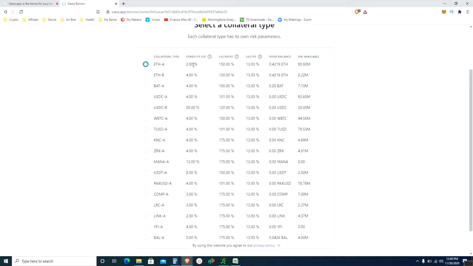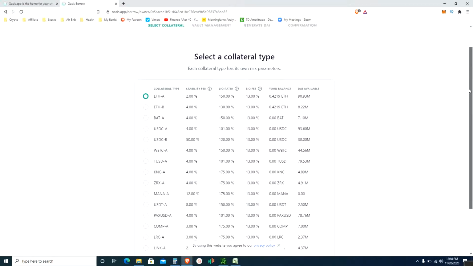2% fee. That's the fee to open the loan, and that's Maker, the company, making money as well. That's 2.0. Liquidation rate 150%. We're gonna touch it once we see the numbers.